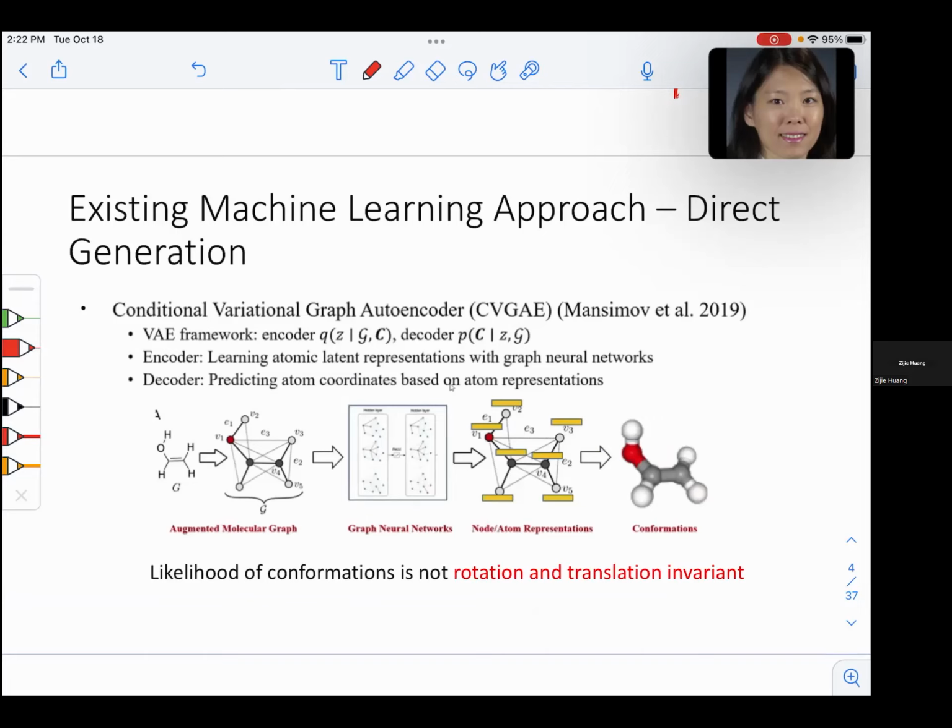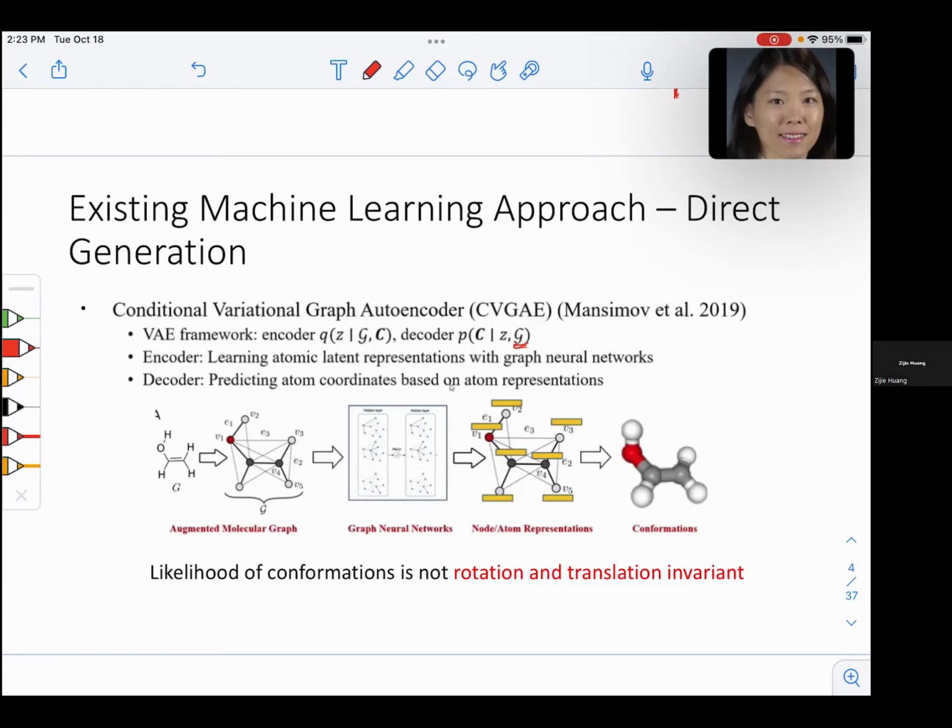One limitation of this model is that, if you think about the generation probability of a conformation given the input graph G, the likelihood of the conformation is not rotation or translation invariant.